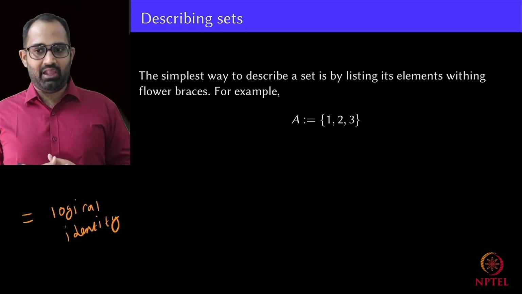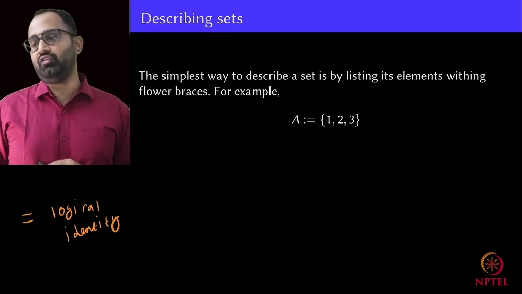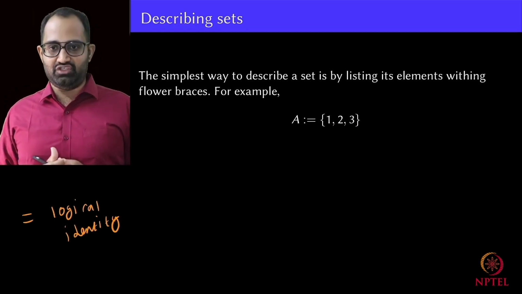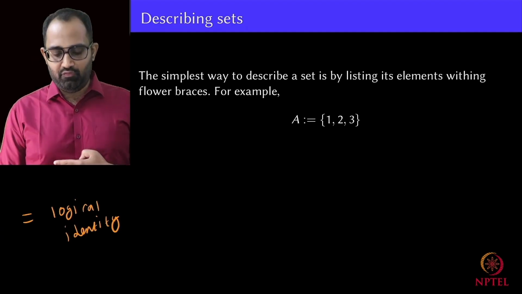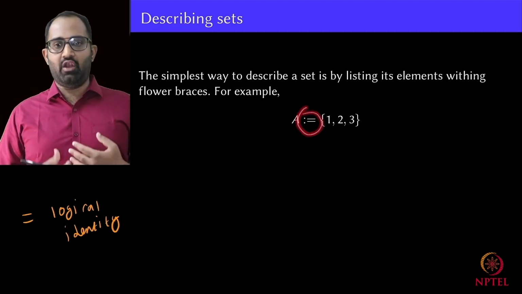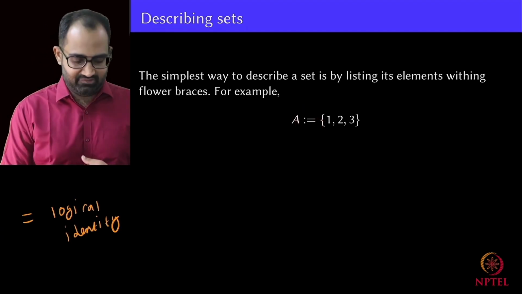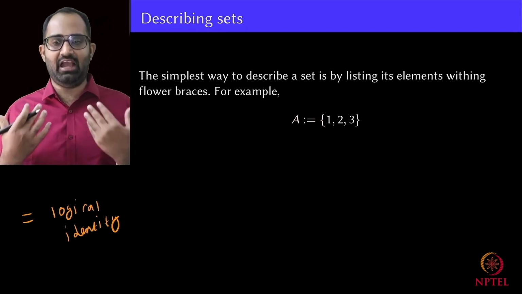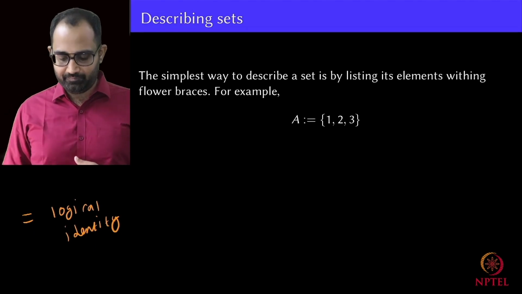So I hope now you are thoroughly confused, but do not worry. This is just a matter of convention. Just always think of colon equal to as bringing an object into existence, and just the ordinary equal to, read it as is same as or is logically identical. Okay.